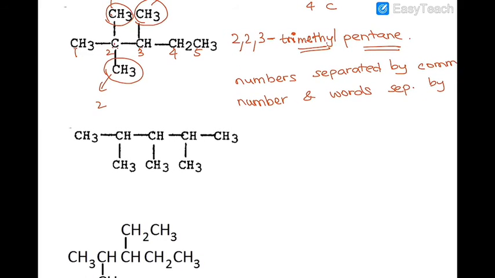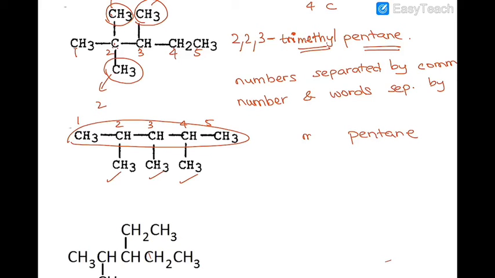Let's try this one together. So longest chain, 1, 2, 3, 4, 5. So again, it's a pentane. 3 carbons, so 3 methyl chains. So trimethyl, because you have 3 of them.